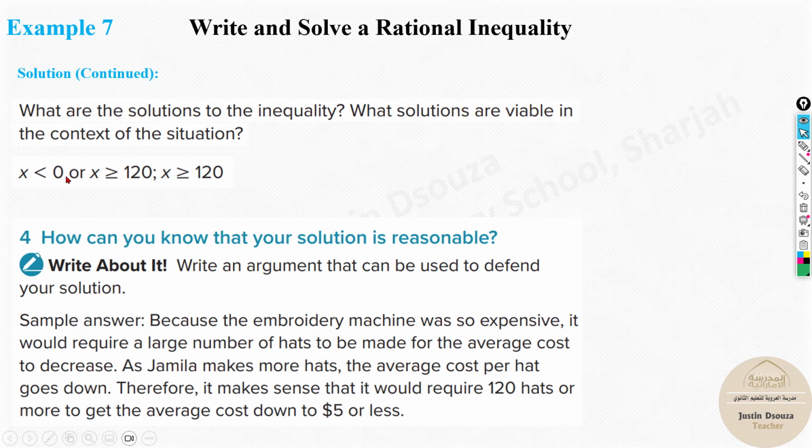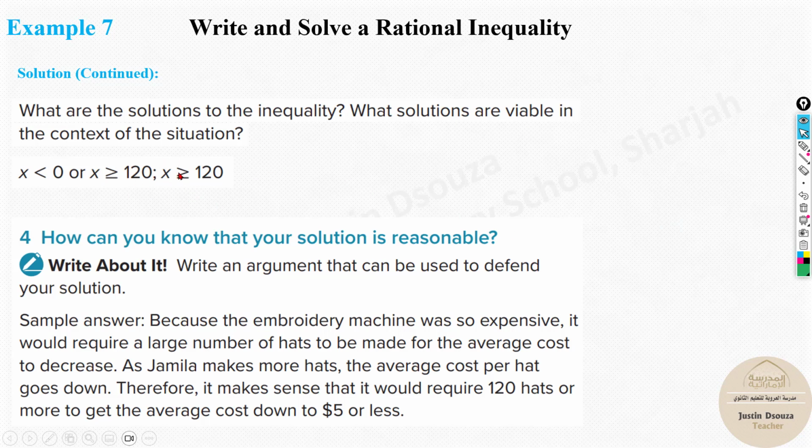See over here, x less than 0 is true, but you can't use that. Why? Because it doesn't make sense here. So it should be greater than or equal to 120. So if Jamila makes 120 hats, only then she can reduce the cost price of each hat to less than $5. So that's how we solve this.